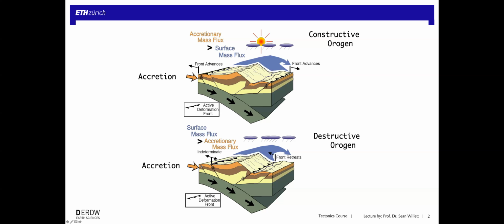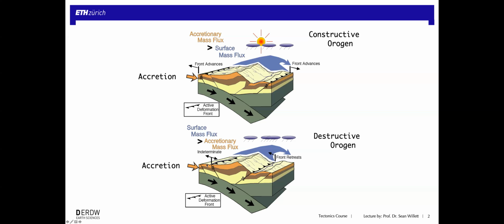It may well be that this front is also retreating back inward as the wedge is getting smaller, but this is not so clear because all of the new material that's coming into the wedge is coming in at this front. That's in fact why the pro wedge is different from the retro wedge. The accretionary flux is coming from this side. And that means that new material is being constantly pushed into the wedge from this side.